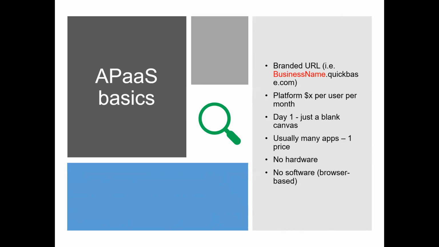You can usually have many applications within your platform for one price. Typically, the price doesn't go up the more applications you add, unless you add many applications. So it's an opportunity to have a basic platform that then grows to support many different business processes for the same dollars. Of course, there's no hardware and there's no software because it's browser-based.